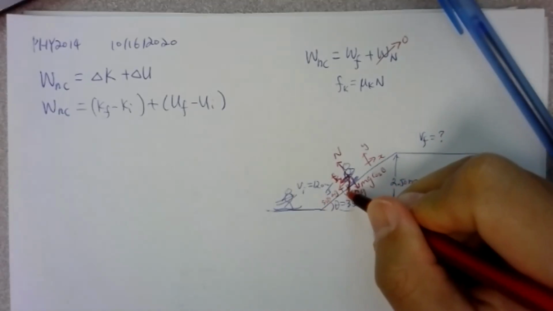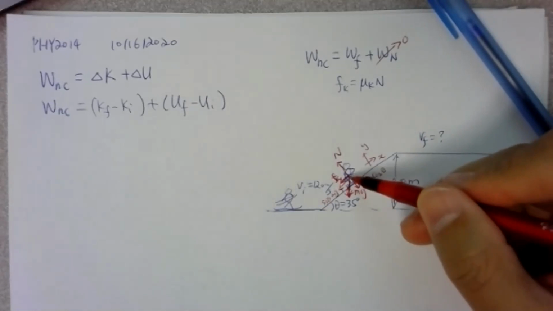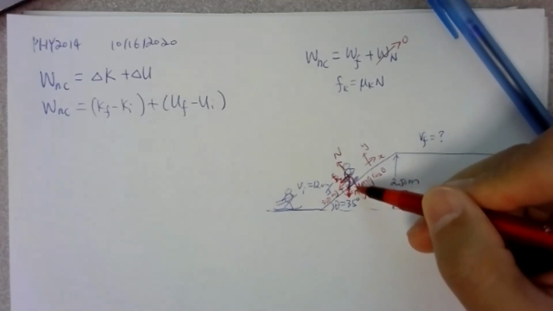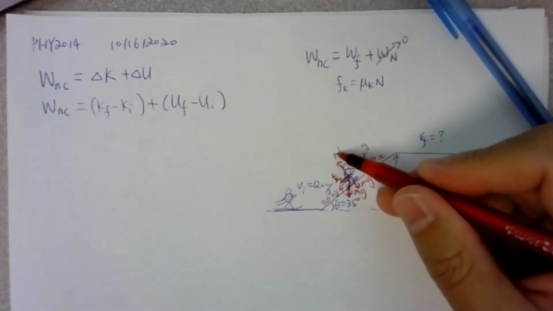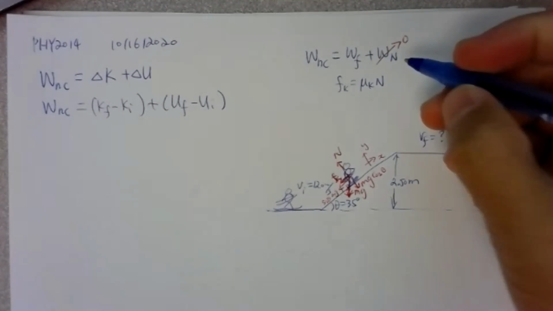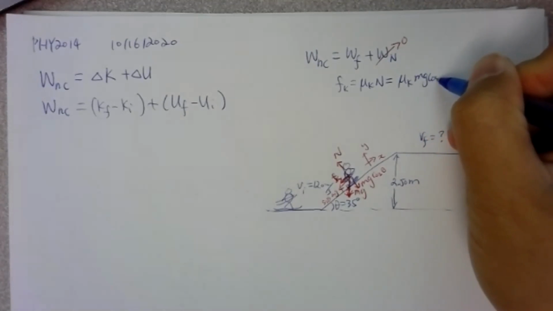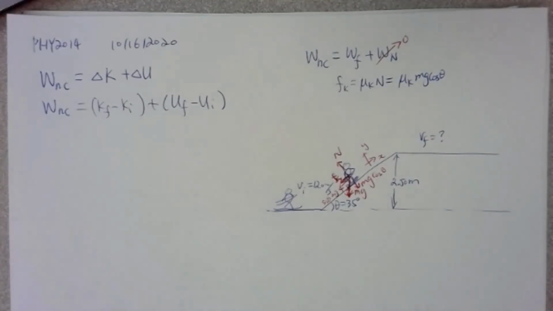In the y direction, because the motion is along x, these two forces cancel out. So the normal force will be equal to mg cosine theta, which tells you F_k is mu_k mg cosine theta.